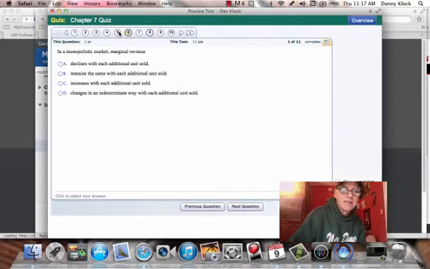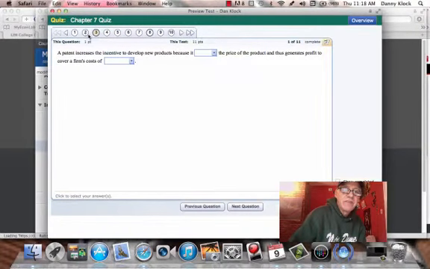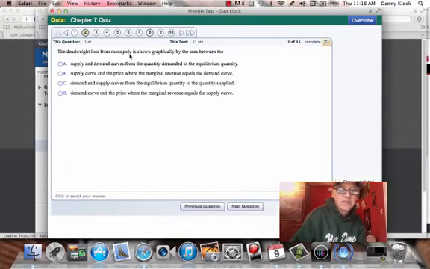So let me go back to this dead weight loss question, if I can find it. There it is. Dead weight loss for monopoly is shown graphically by the area between, and here it's where the demand and supply curves, which one is it? Again, the wording here is bad, so I'm not going to have a question like this on the midterm. That'd be too cruel. Between the quantity and the equilibrium quantity.